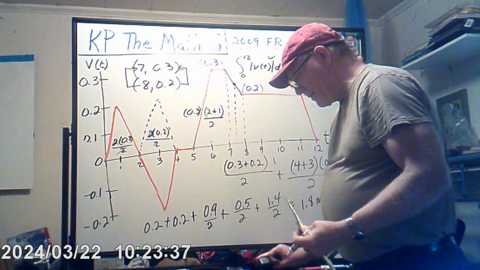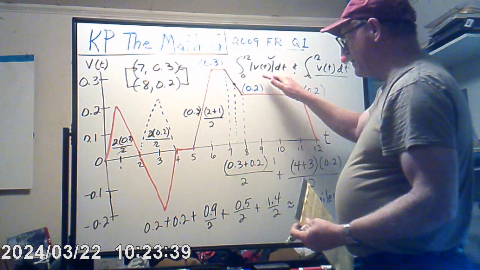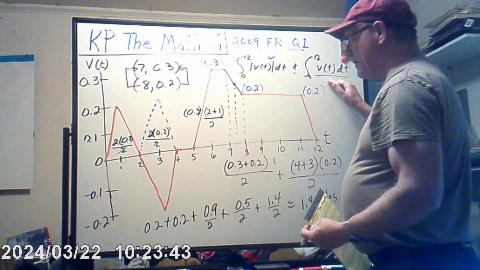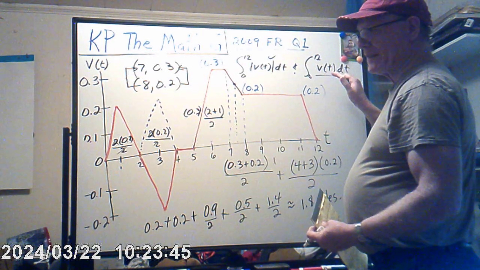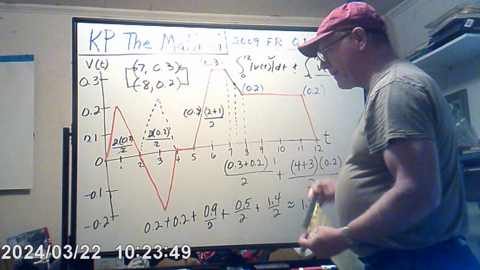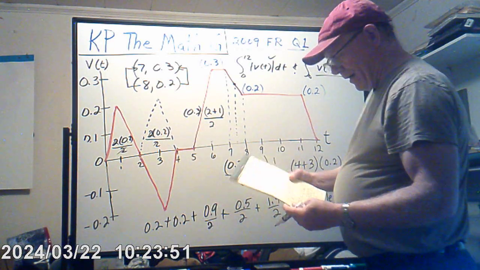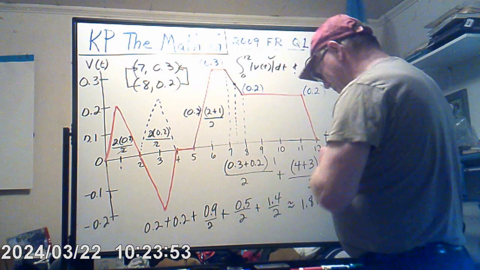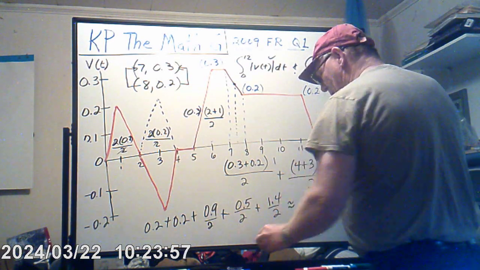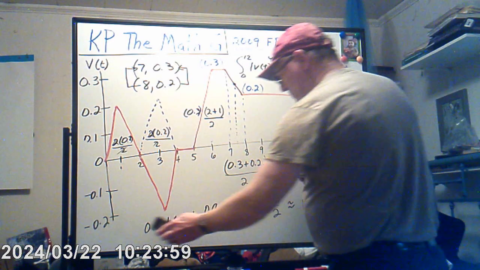This is displacement, or net distance here. Alright, let's go ahead and do the C part. 1.8 miles.